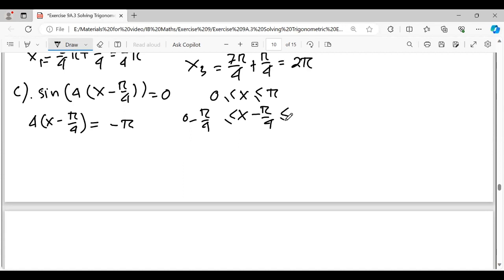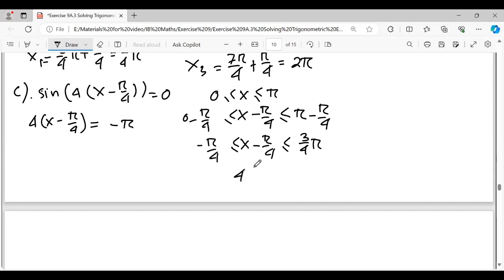So x minus pi over 4 goes from negative pi over 4 to 3/4 pi.